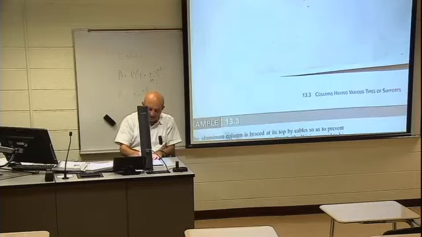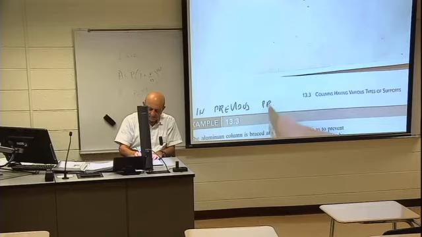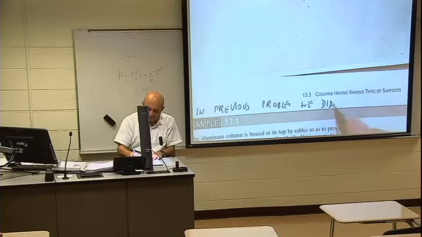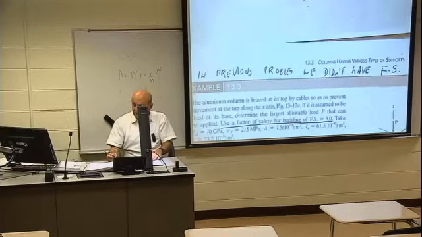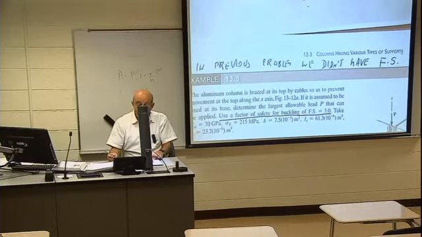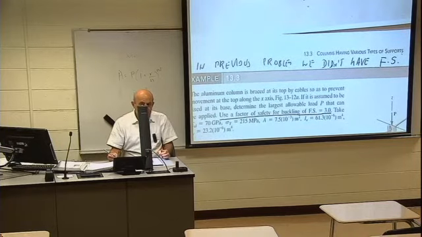In the previous problem we did not have a factor of safety. So the previous problem in this sense was less realistic, because every time you are designing as an engineer in your firm, you will have a factor of safety.